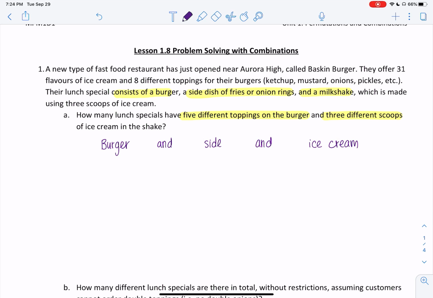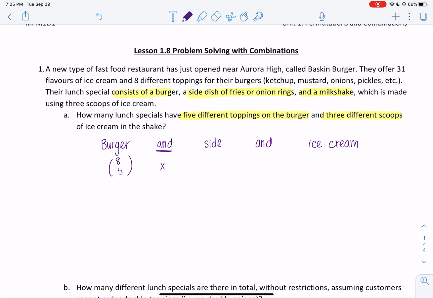Those combinations would be the exact same thing. So this is a combinations question. There are 8 possible toppings, and I'm going to choose 5 of them. Then for our lunch special, we have a burger and a side. So that word and here, remember from lesson 1, is telling us to multiply.